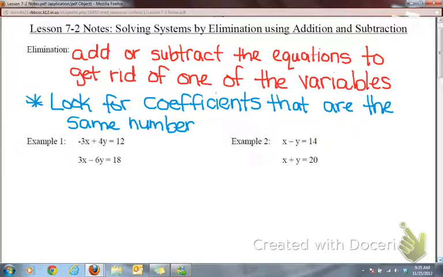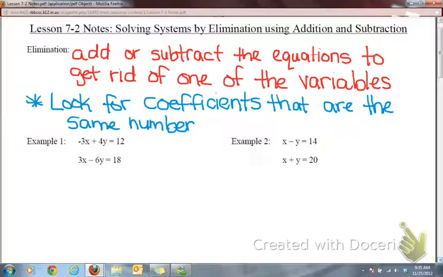And a little hint here is that you can use elimination, especially when you have coefficients that are the same number. And remember, coefficients are numbers that are in front of letters. So like in example 1, the numbers that are in front of the x's are a -3 and a 3. That'll be a good thing. Those are coefficients.